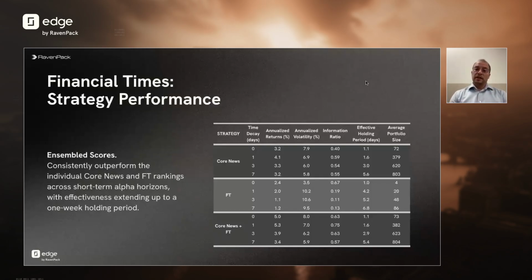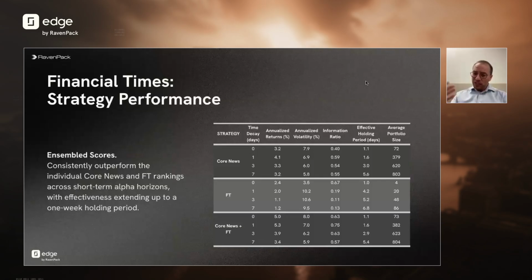We're also seeing, if we look at the Financial Times in isolation on a standalone basis, that the highest information ratio is achieved for no decay, or it's basically a simple aggregation with 100% turnover on a daily basis. Here we're able to achieve an information ratio of 0.67.